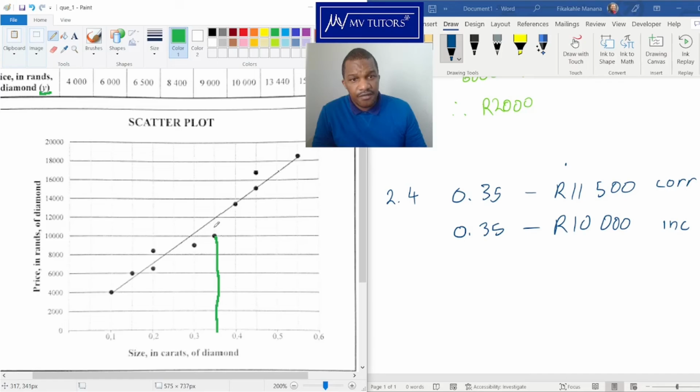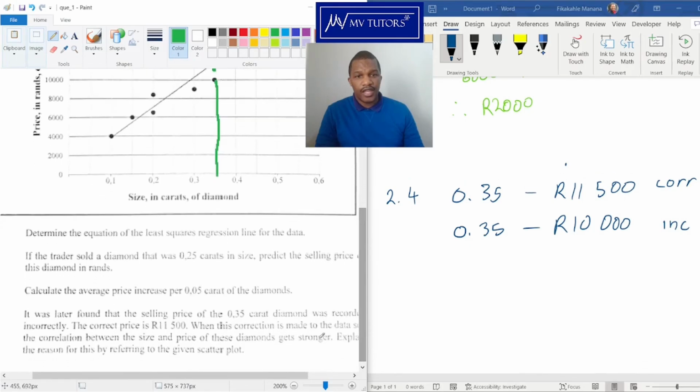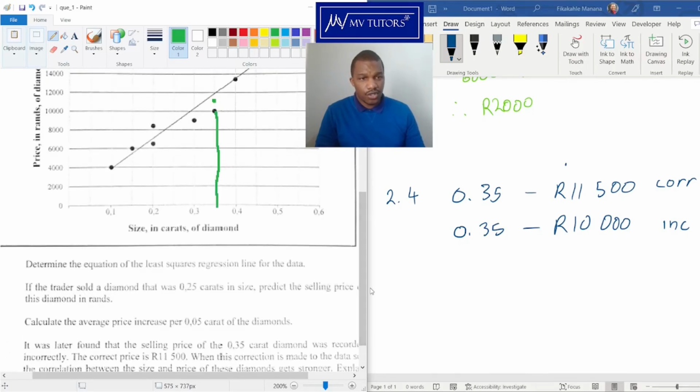They're saying if it moves from 10,000 to 11,500, so 11,500 is probably somewhere over here. Okay, so now what does this mean for the regression line? It means it becomes stronger, and they're asking us to explain why it's stronger. So the reason it's stronger is because it is closer to the regression line.